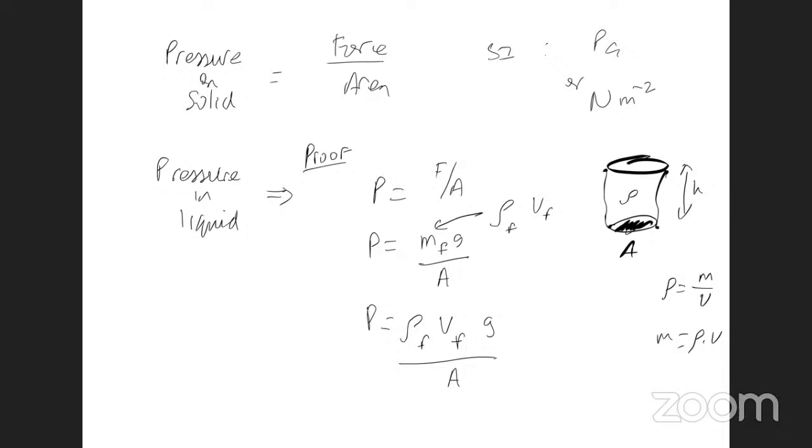Right, so volume is what? Volume is area multiplied by height. So the A will cancel, and you will get pressure in a liquid is density by gravity by depth.